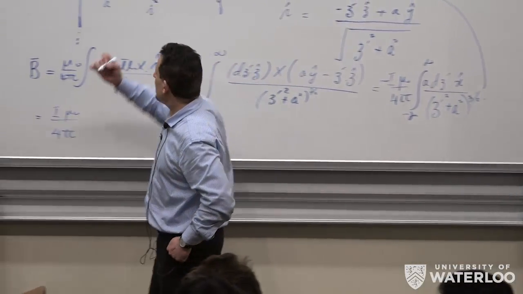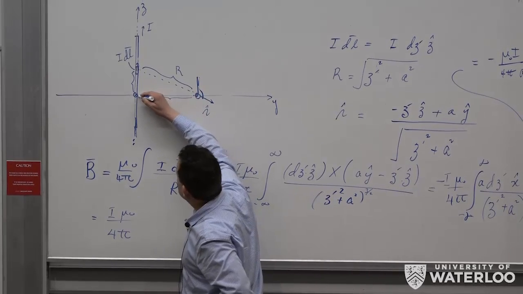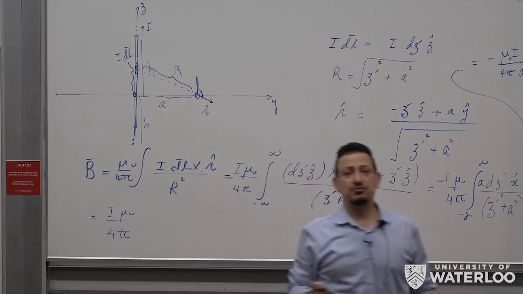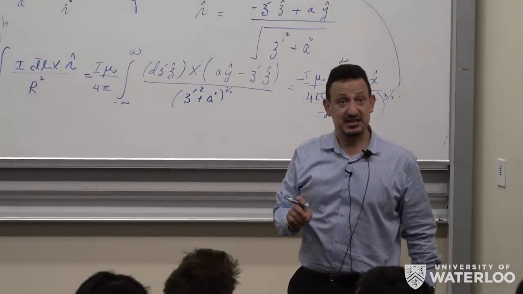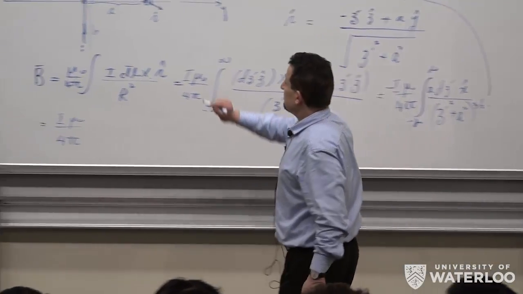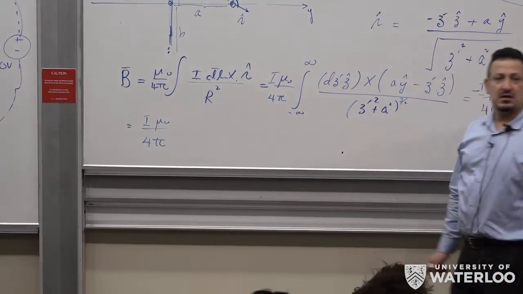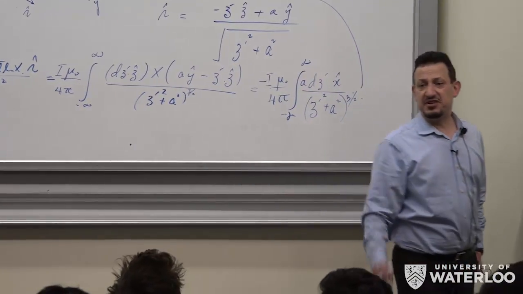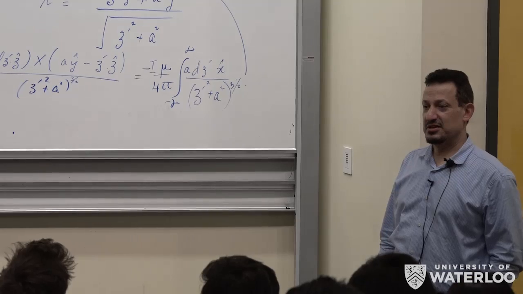So I can simplify certain problems. If this is finite, let's say there's a B above and a B below, and I ask you to find the point there, it might be doable, actually, analytically. But if I were to ask you to find the field right here, and the line is infinite, how complex would this problem be?